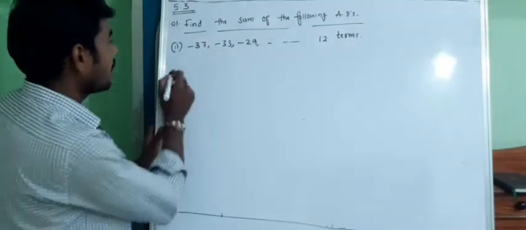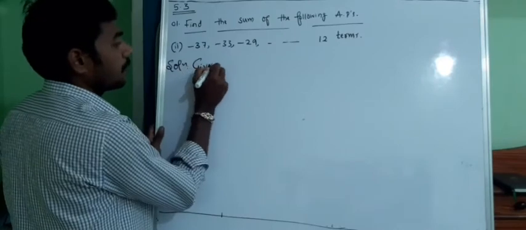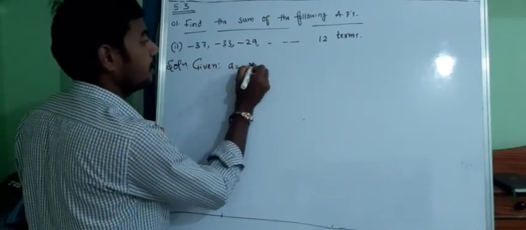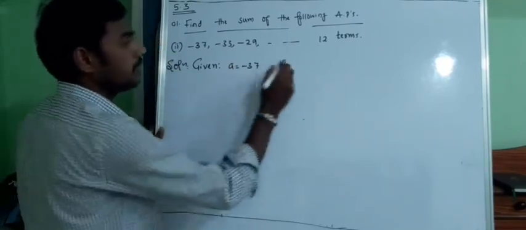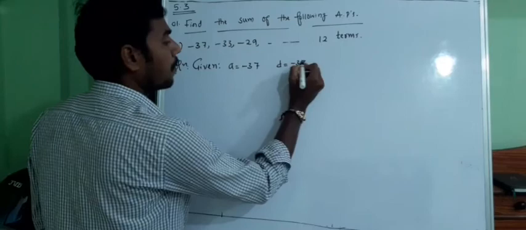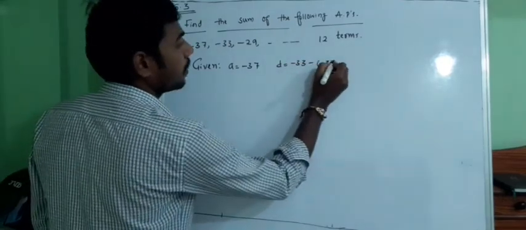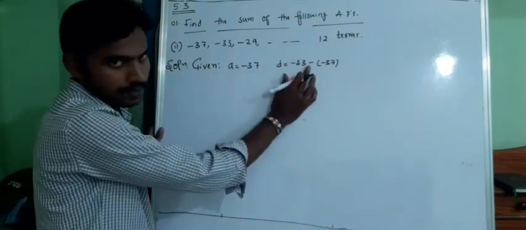See, what is A here? What is given to us? A is equal to minus 37. Yes. And D is equal to minus 33 minus of minus 37. Yes or no? Why did I place a bracket here? Because minus is there.